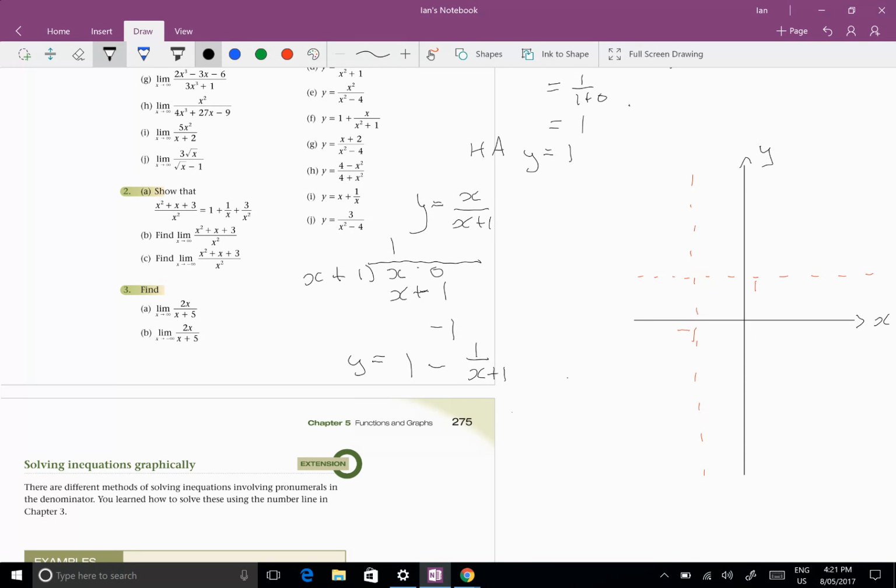If I take that 1 over the other side, it means I get y minus 1 equals negative 1 over x plus 1, which is a standard negative hyperbola. So it's going to look like that, and I've already got the asymptotes in there at y equals 1 and x equals negative 1. So now I can just draw it. All I have to do is, I already know that it goes through 0, 0.